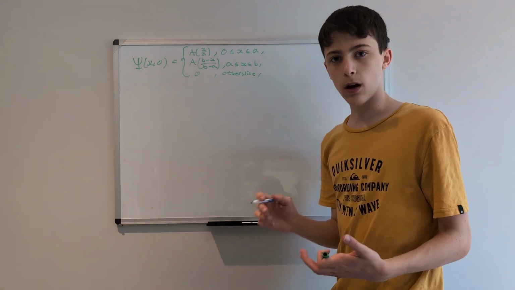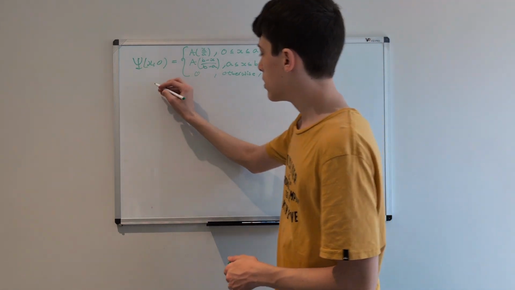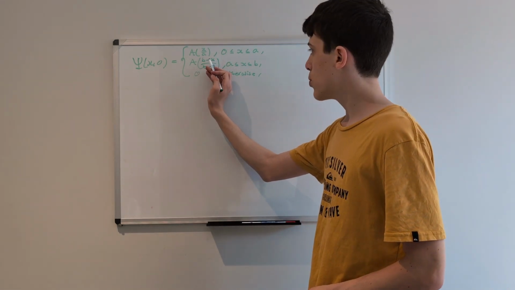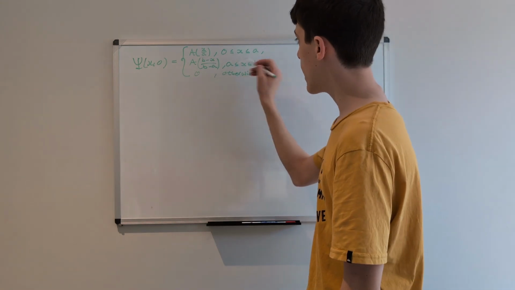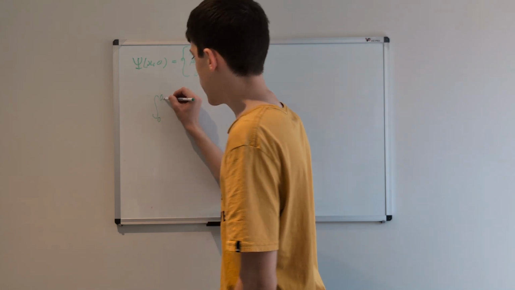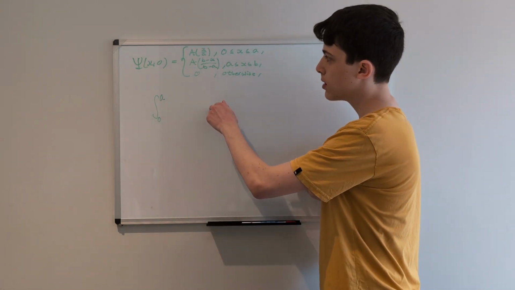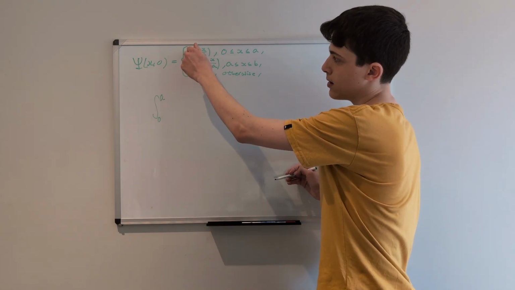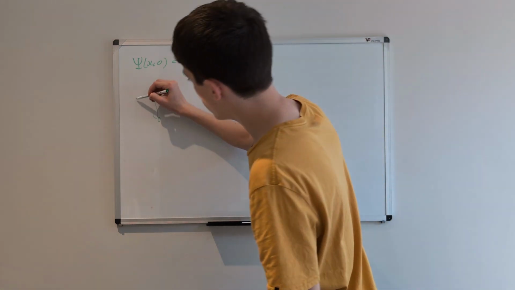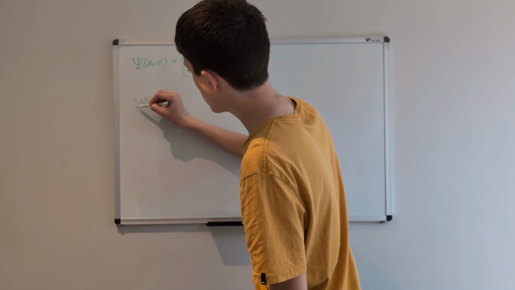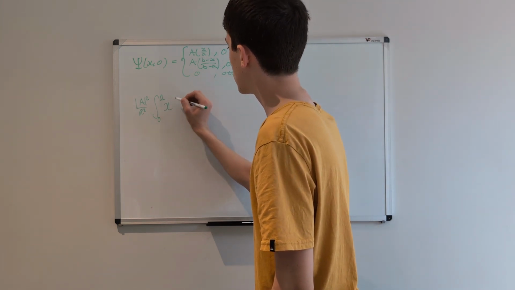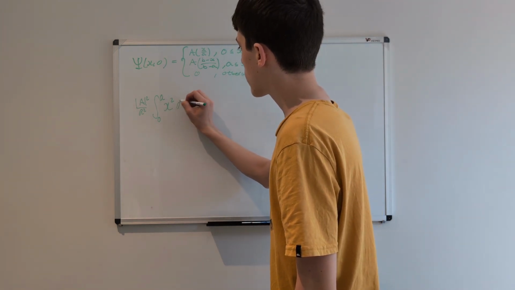Okay, so let's start integrating. So first of all, we have the integral of this between 0 and a, and we can take out the modulus of A squared, and you can also take out a squared. So this will be just x squared dx.